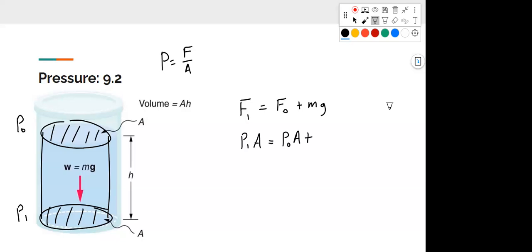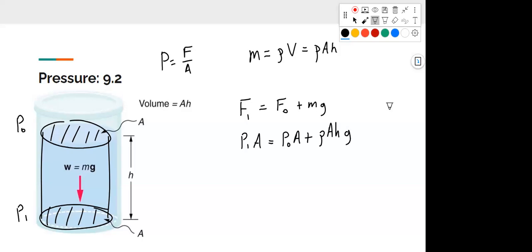And then for the mass, it's nice to see that we can represent it in terms of the density. So mass is density times volume. The density of that fluid for water, remember, is 1,000 kilograms per cubic meter, times the volume of this column. But the volume of a column is A times H, that cross-sectional area A times the height of the column H. So we can replace the mass with rho AH.